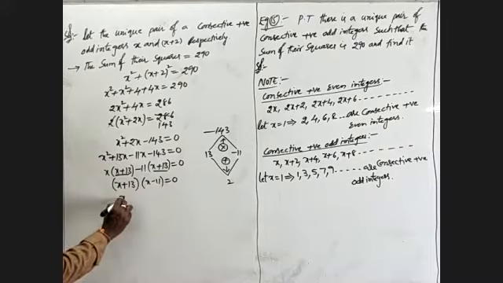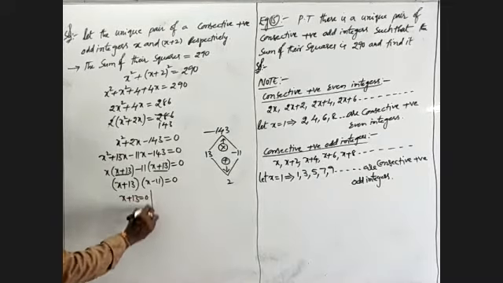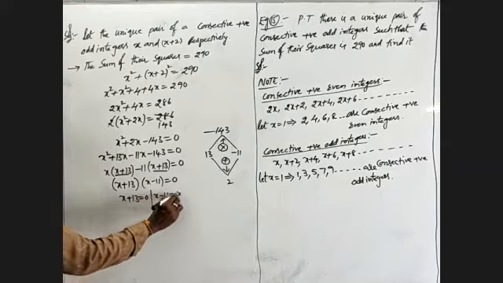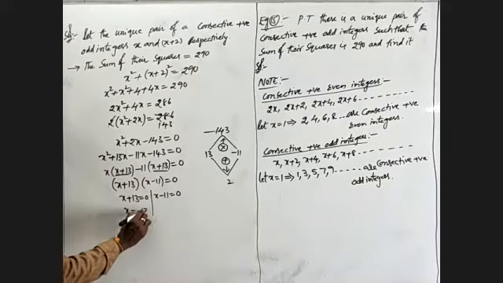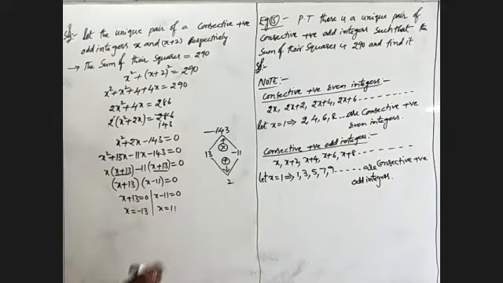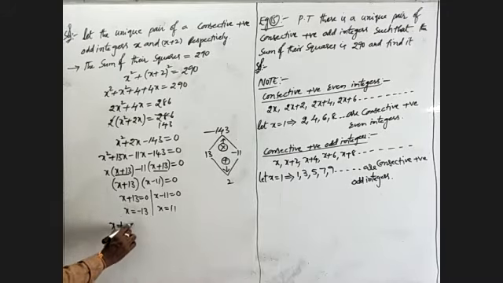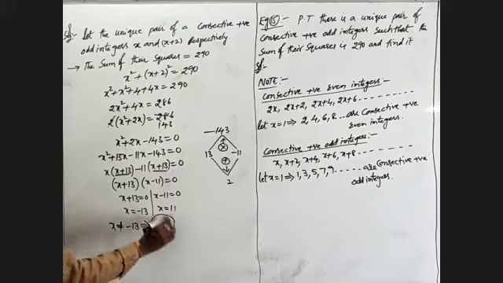That is, x plus 13 equals 0 or x minus 11 equals 0. So x equals minus 13 or x equals 11. Consecutive positive integers cannot take negative values, so x does not equal minus 13. Let x be equal to 11 only.